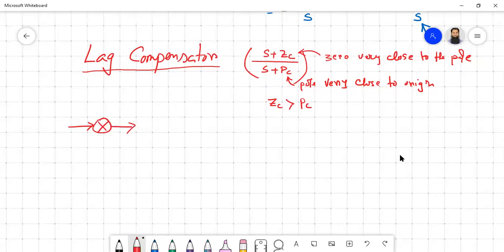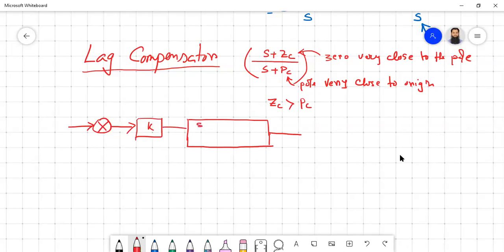So we have, without the compensation, K. In this particular case, the book used a type 1 system, but it's not necessary that you have to go with a type 1 system. You can also experiment with a type 0 or type 2 system. But they have done it, so we are also following the same thing. S plus Z2 goes on, a series of zeros, and then we have S, and then you have a series of poles.